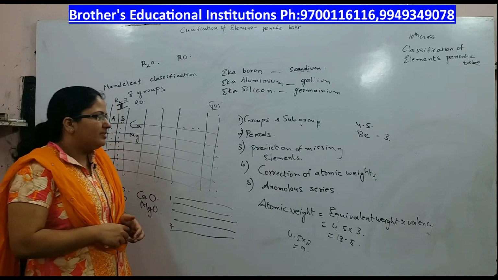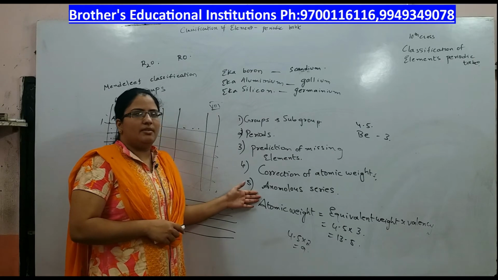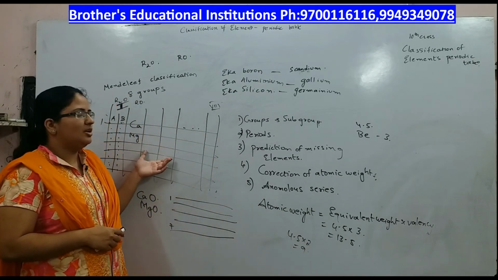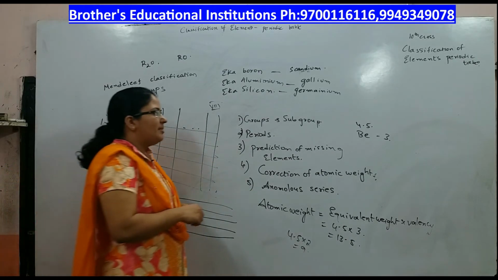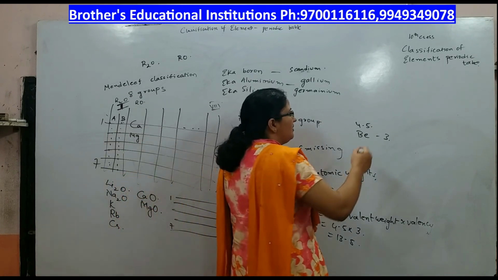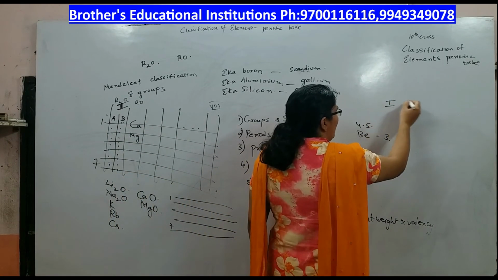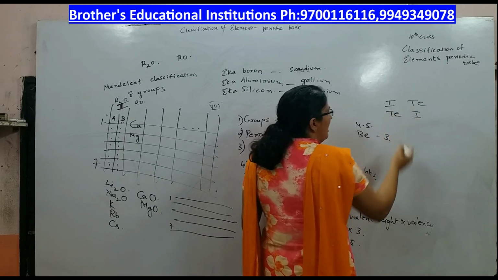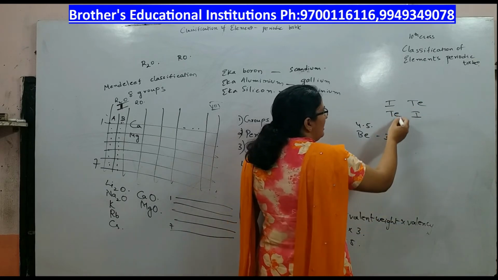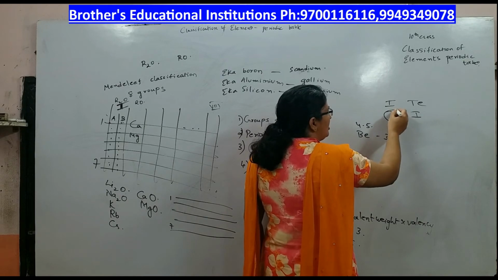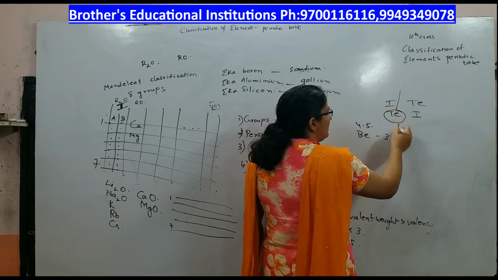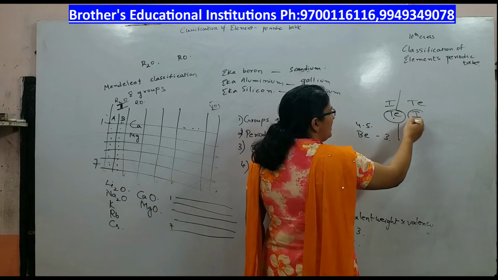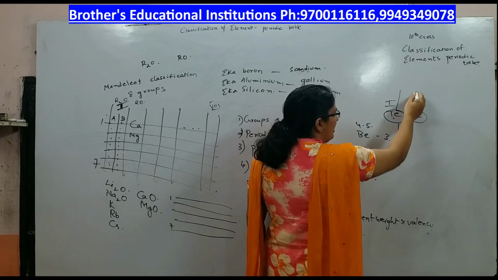Next, we have something called the anomalous series. While he arranged the elements in the increasing order of their atomic weight, at some places he did an inversion. For example, iodine should come first, then tellurium, but he placed tellurium first and next he placed iodine. This is because the elements of this group match more with tellurium, and the elements of that group match more with iodine.